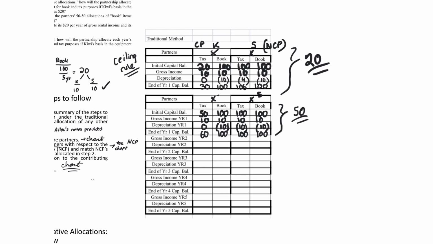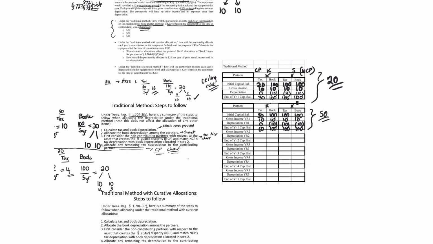For the non-contributing partner, it's going to be 106, 112, 118, 124, 130. What have we done? The ceiling amount, which is the difference between that 50 that we had in the previous example, which again is that $30 difference, is now going over to the non-contributing partner.